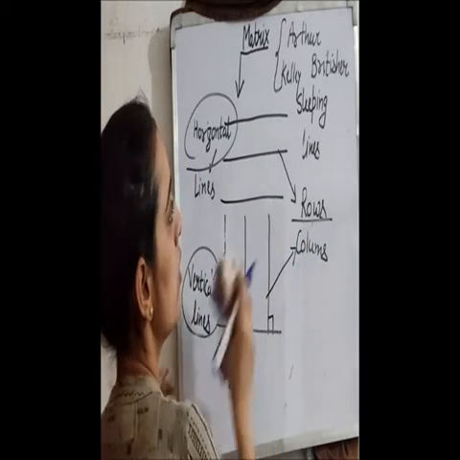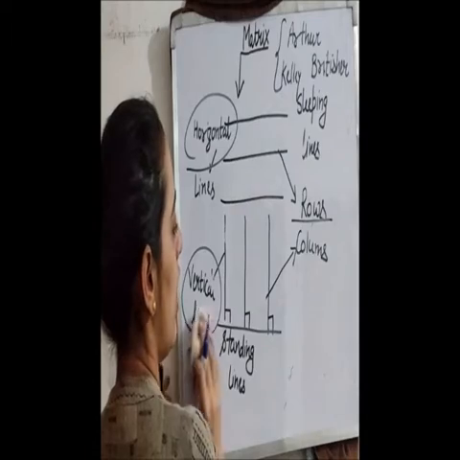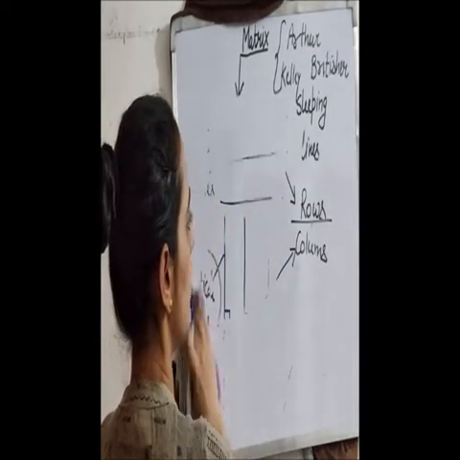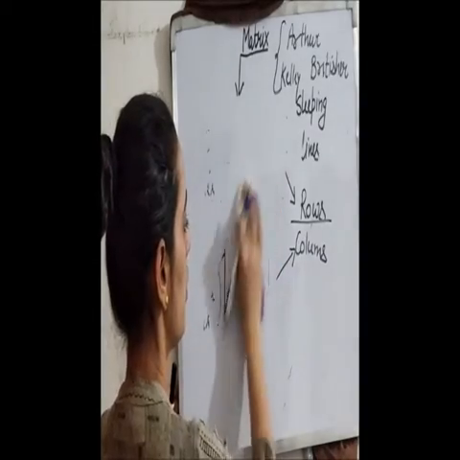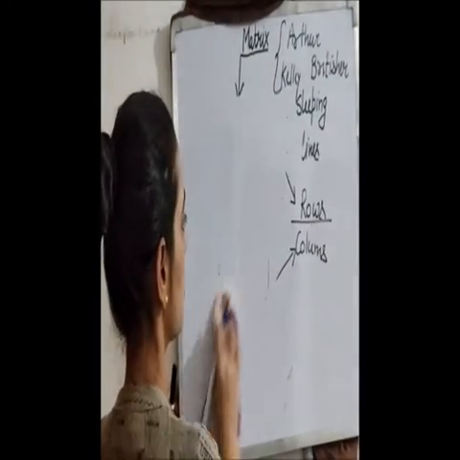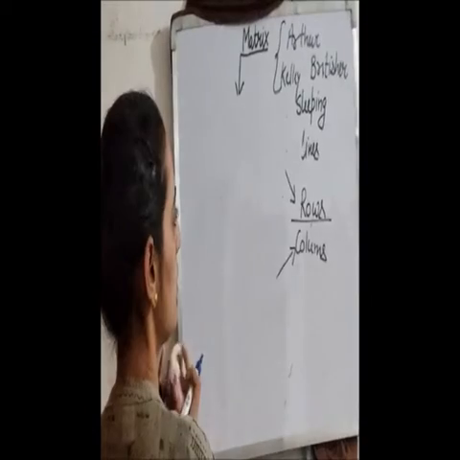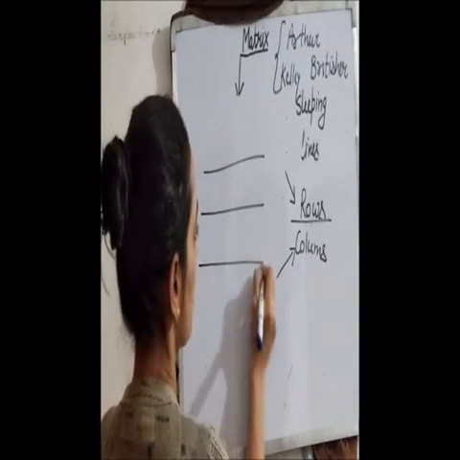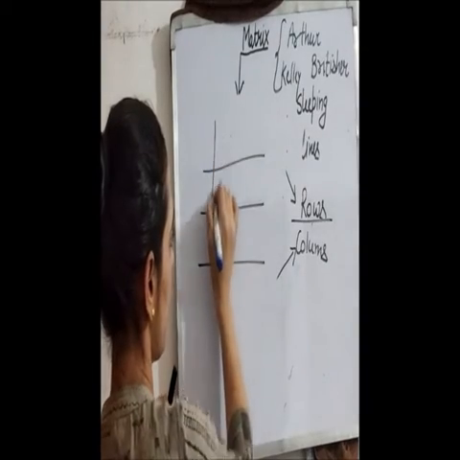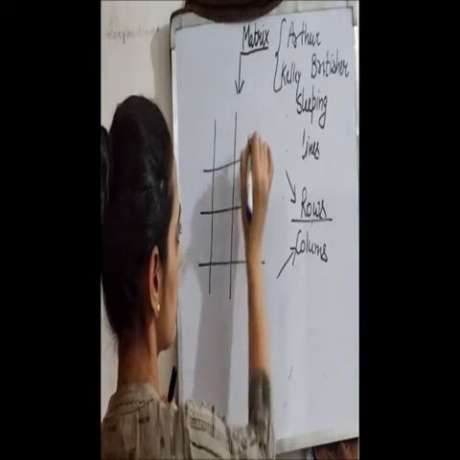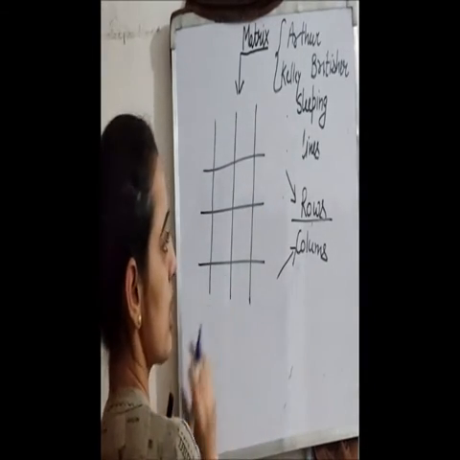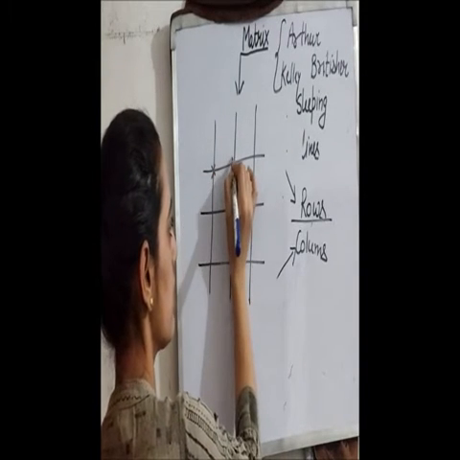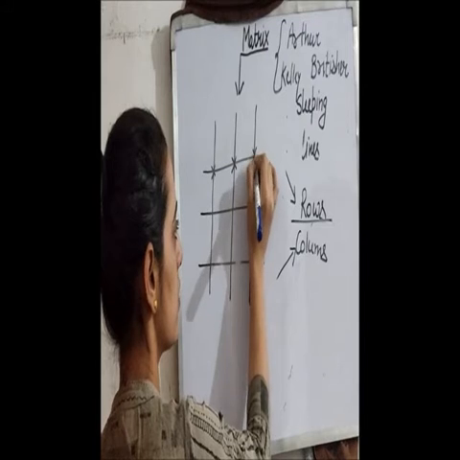So now Arthur Cayley arranged these horizontal and vertical lines in the form of rows and columns like this. When these rows and columns make this type of pattern, then we have some star positions.